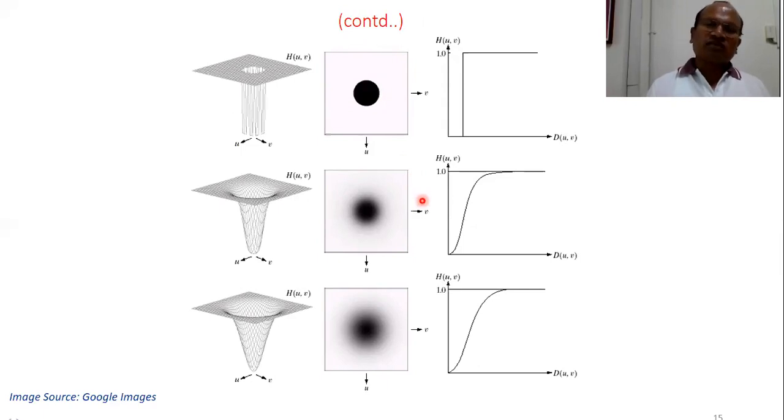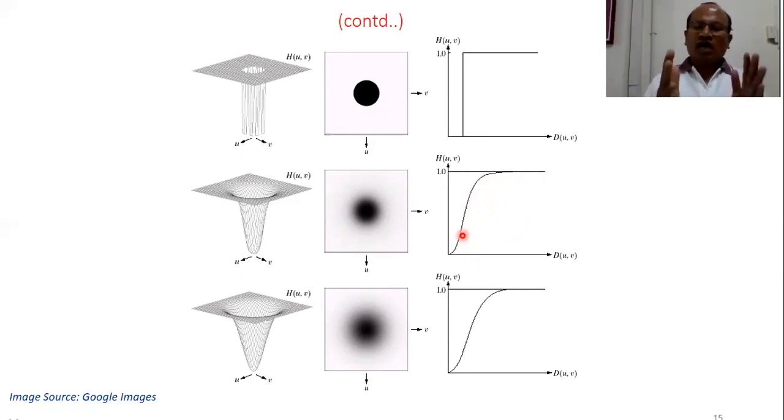If you see the Butterworth, whatever discussion we had about the low pass, we have an almost similar discussion. The only difference is the transfer function. It is just the reverse of what we obtained in Butterworth low pass. It starts increasing, and once you reach a certain cutoff distance, almost all signals start passing. But before that, when you go towards lower and lower frequency, the attenuation is more and more.